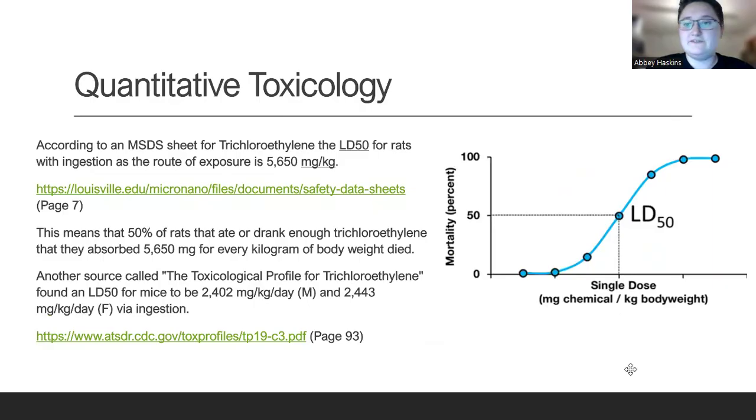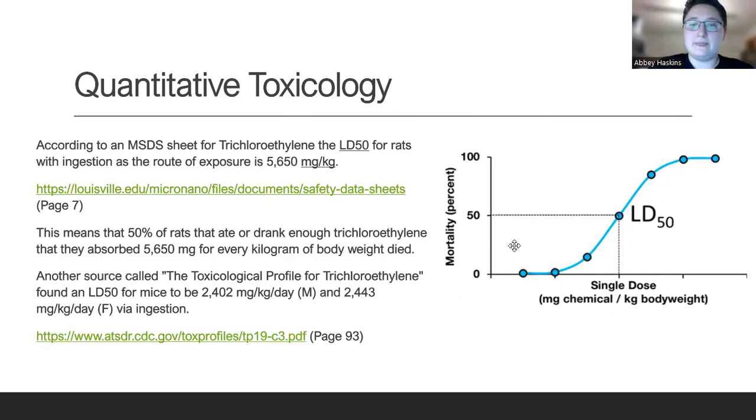And then quantitative toxicology. According to an MSDS sheet that I found for trichloroethylene, the LD50 for rats through the oral route of exposure is 5,650 milligrams per kilogram. So, if I took this generic dose response curve here, on the x-axis it shows the dose, and on the y-axis we have the percent mortality.